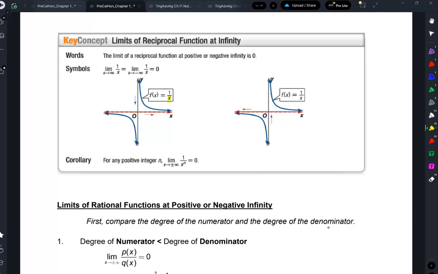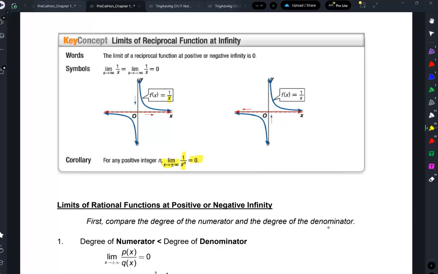Practically 0. Okay, so then for any positive integer n, 1 over x to the n, as the limit approaches positive or negative infinity, the whole thing will approach 0.